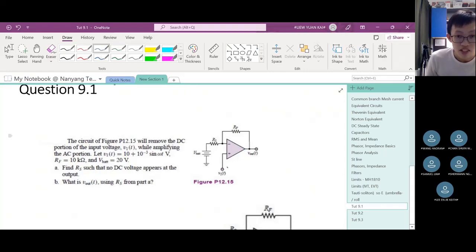They supply some voltage over here while amplifying the AC portion. V1 is modeled using this sinusoidal function, and they give us the resistance and the battery voltage. Find the resistance of RS such that there is no DC voltage that appears in the output.